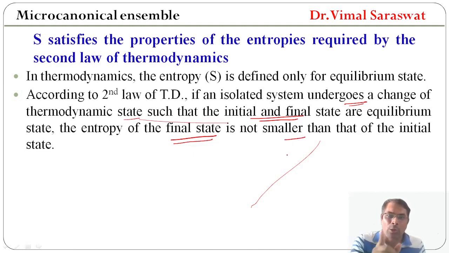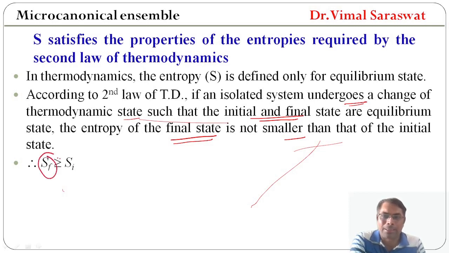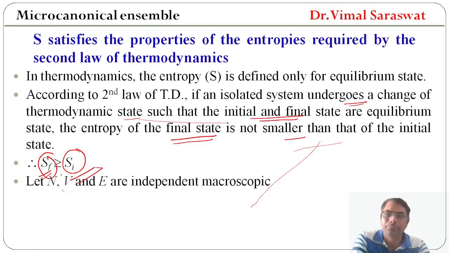It means the entropy of the final state will be greater than, or equal to, the entropy of the initial state. Therefore, SF is always greater than or equal to SI. SF means entropy of the final state and SI is the entropy of the initial state.